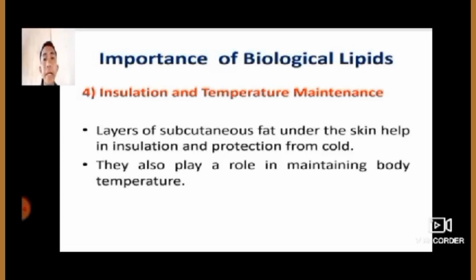This layer helps to reduce heat loss from the body, providing a barrier against cold temperatures. Essentially, it acts as a natural form of insulation, helping to maintain body temperature by preventing excessive heat loss.